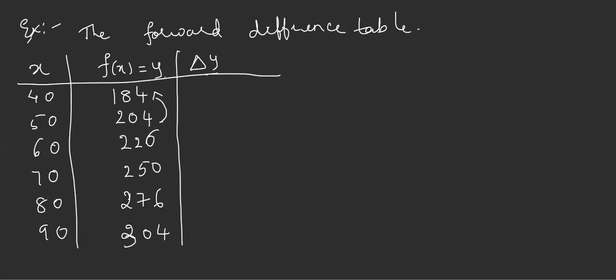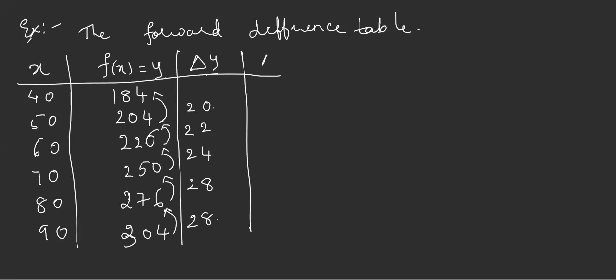What is the difference? 20. Here it is 22. The last one, 304 minus 276, is 28.